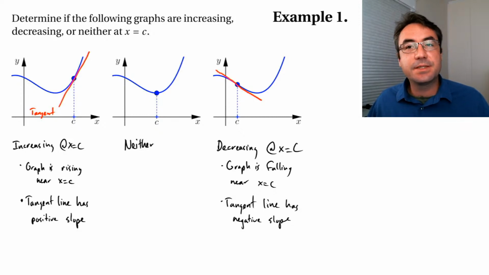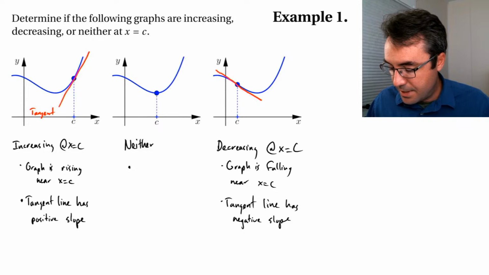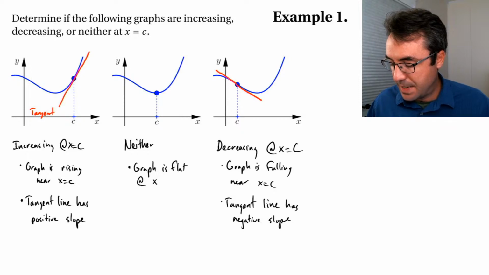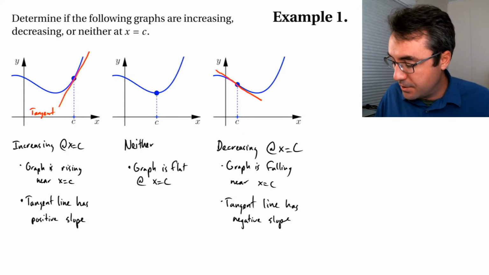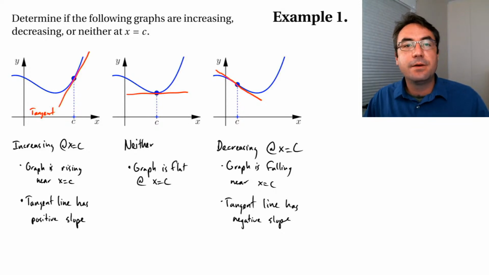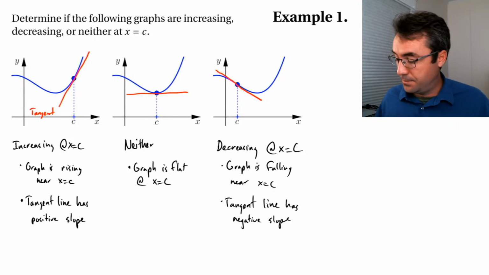It's not increasing, it's not decreasing. What's happening is the graph is flat at x equals c. So if we were to think of that in terms of our tangent line, let's draw in our tangent line. The graph is flat. If we draw in our tangent line, it's a flat tangent line, has a slope of 0.